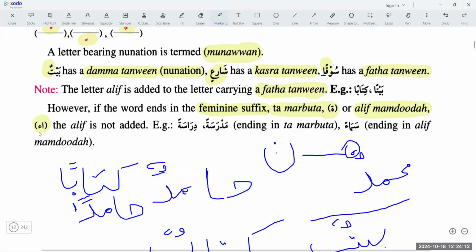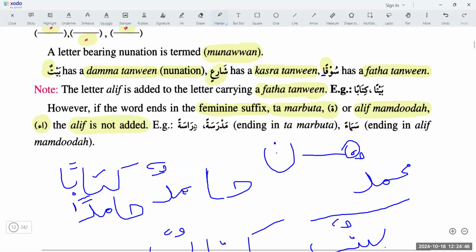If there is an alif and hamza at the end of a noun, we call it alif mamduda. And if there is a ta marbuta, we call it ta marbuta. So if at the end of a feminine noun or any noun there is a ta marbuta or alif mamduda, the alif is not added. This alif we will not add.